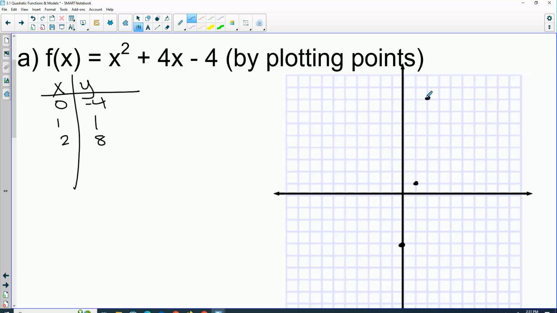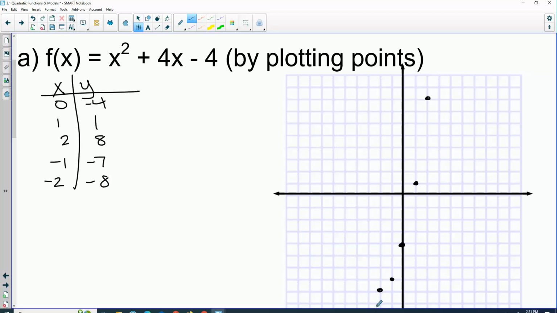Okay, do I have a clear parabola yet? No, what should I plug in? Okay, if I put in negative 1, so 1 minus 4 minus 4 is negative 7. Okay, is that enough? No, let's keep going. If I put in negative 2, I get 4 minus 8 minus 4, which is negative 8.